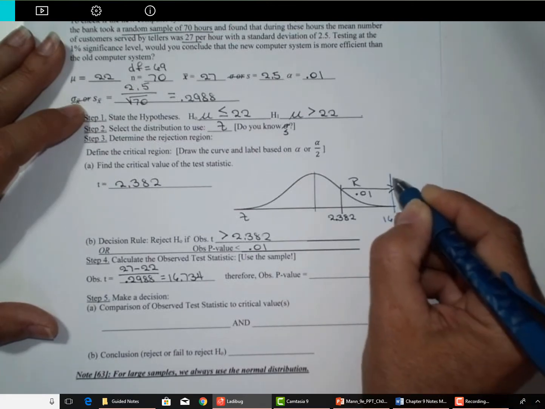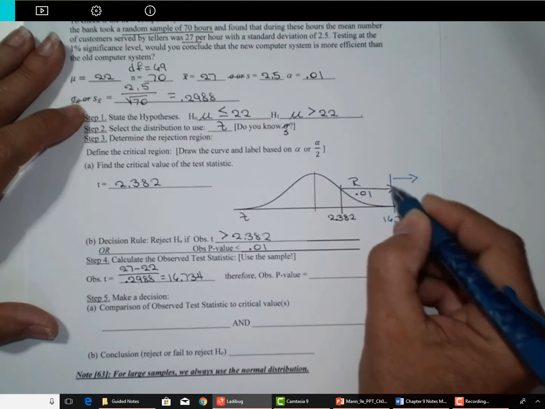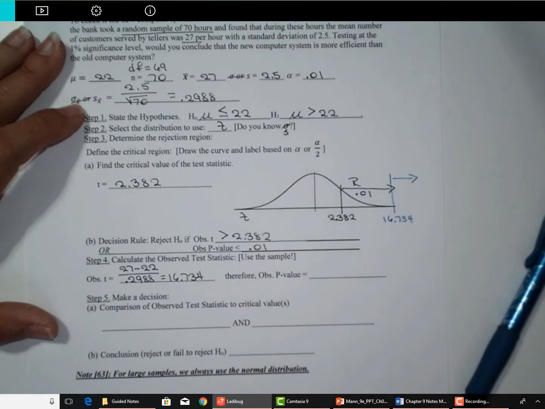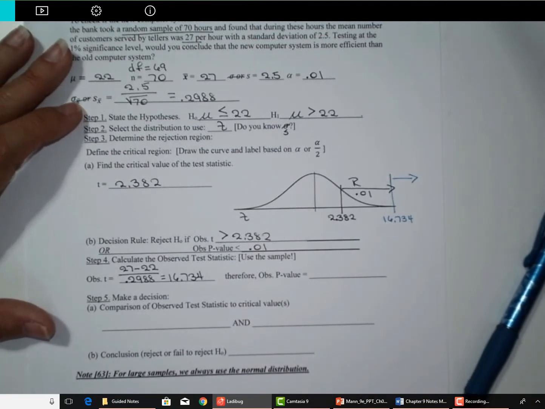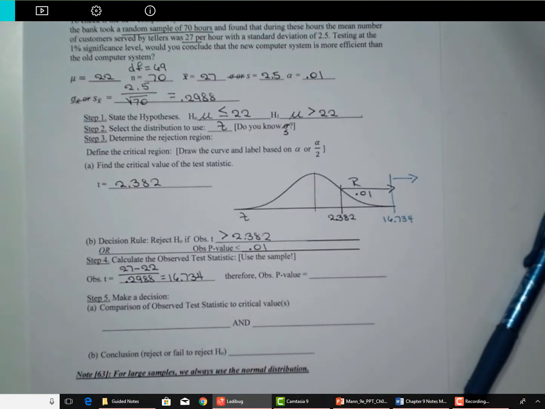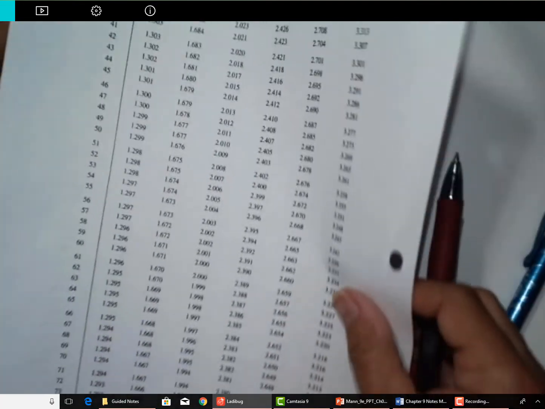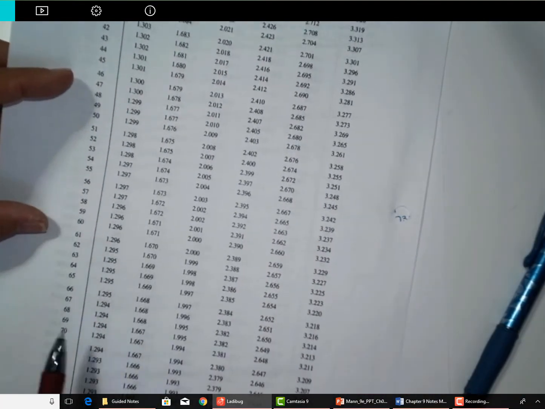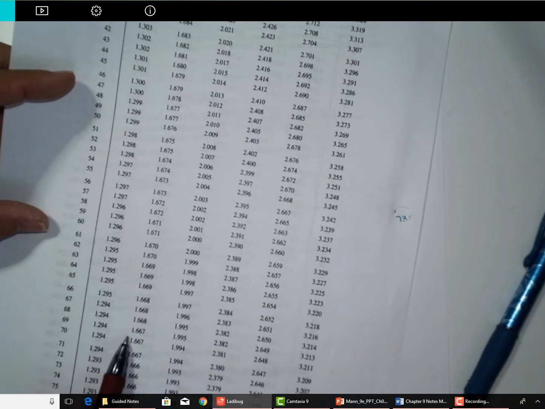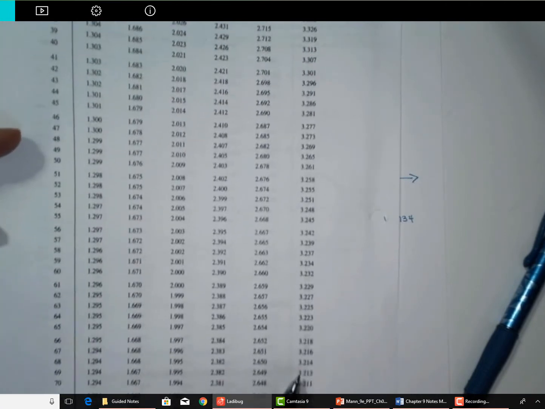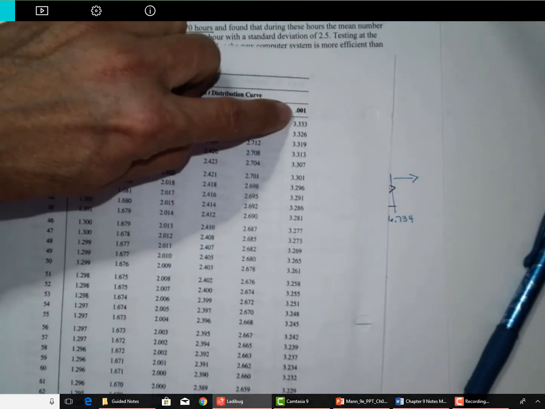16.734, just think for a minute, what p-value do you think is going to be associated with that number? It doesn't look like there's going to be anything over there. In fact, I think we can pretty much conclude that there's not going to be, but let's look it up on the table just because we want to. We still have to stay with that same degrees of freedom of 69. So I have to go to my 69 row, and I'm interested in 16 point, well, the largest number I get to is 3.213. And that's with an area of 0.001, which is small.